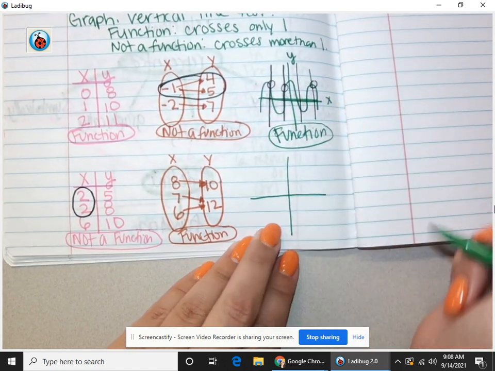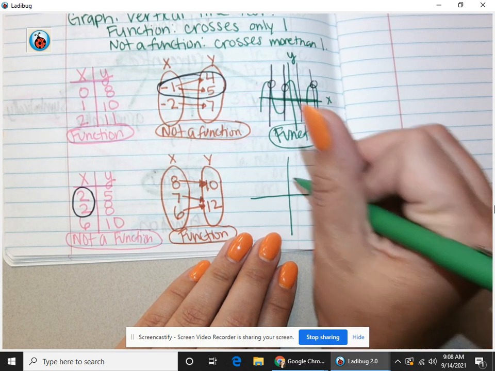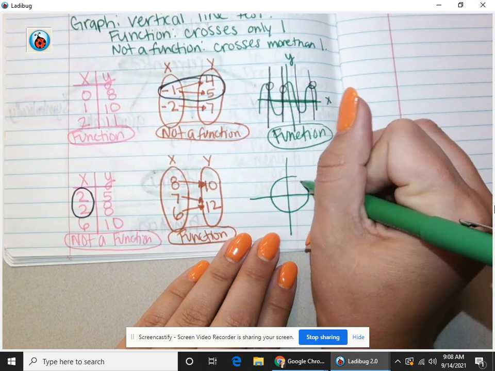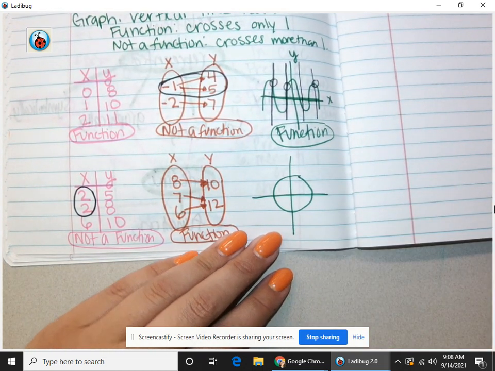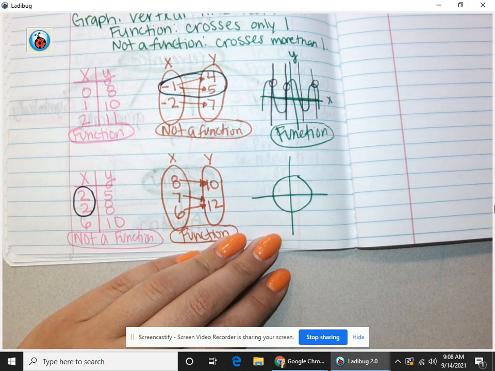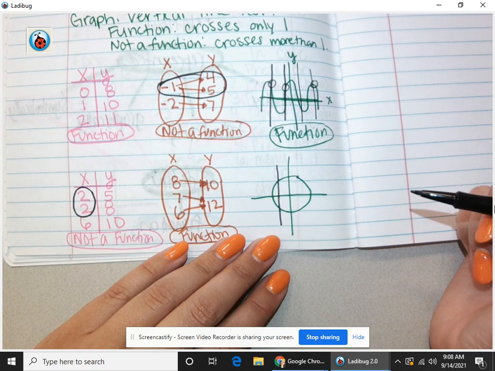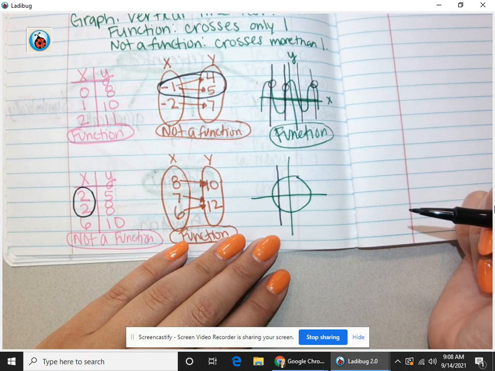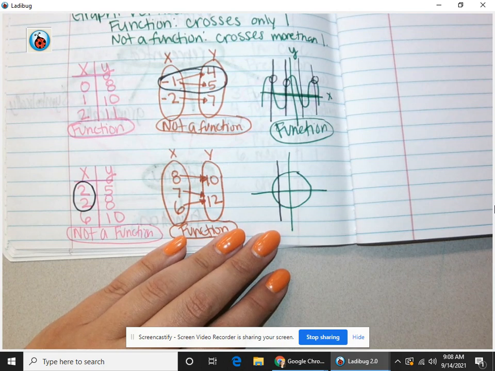Okay, and our last graph. If I have something like this. I take my pen. It's just like squiggly lines, like up and down.